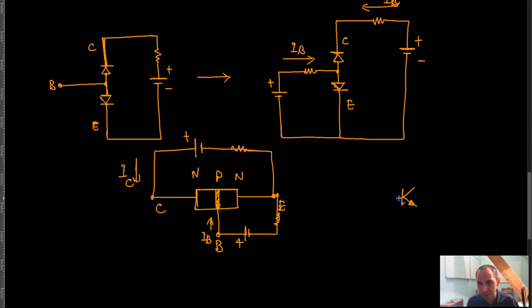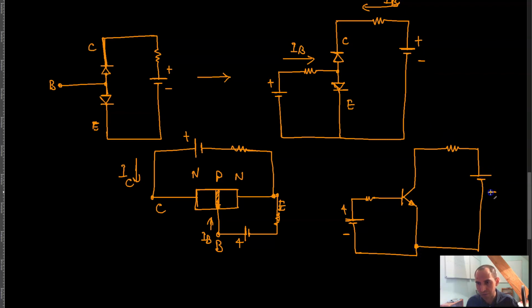This is an NPN transistor, and you connect this to a power supply like this, positive and negative. The emitter is connected to negative, and then you connect a positive to the collector, as you can see here, and the negative over here, and then there will be a current going through this.